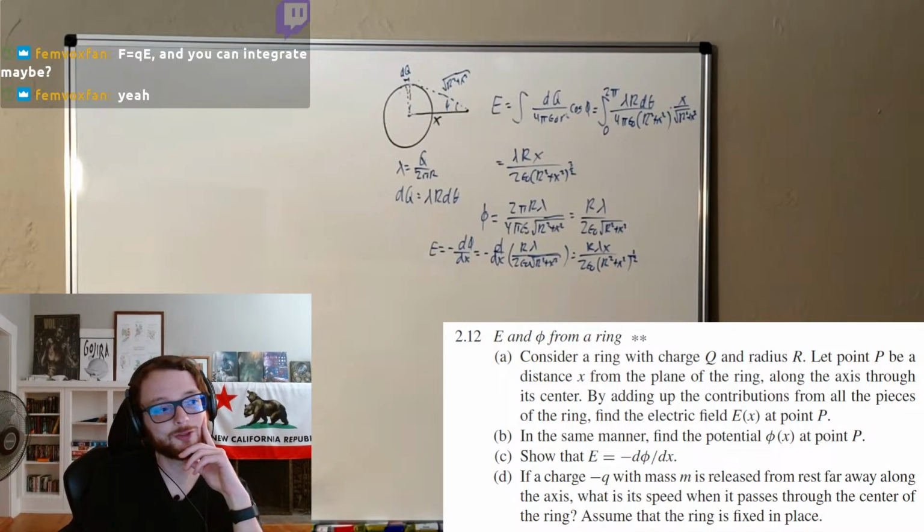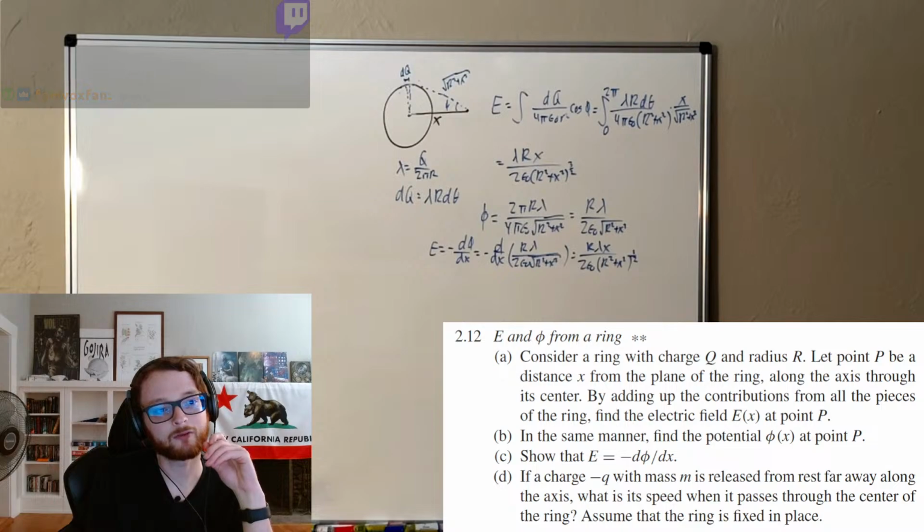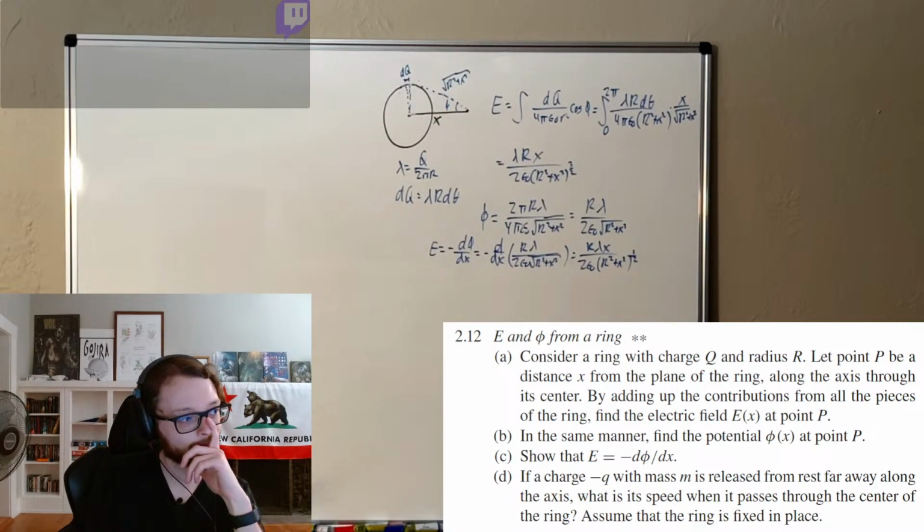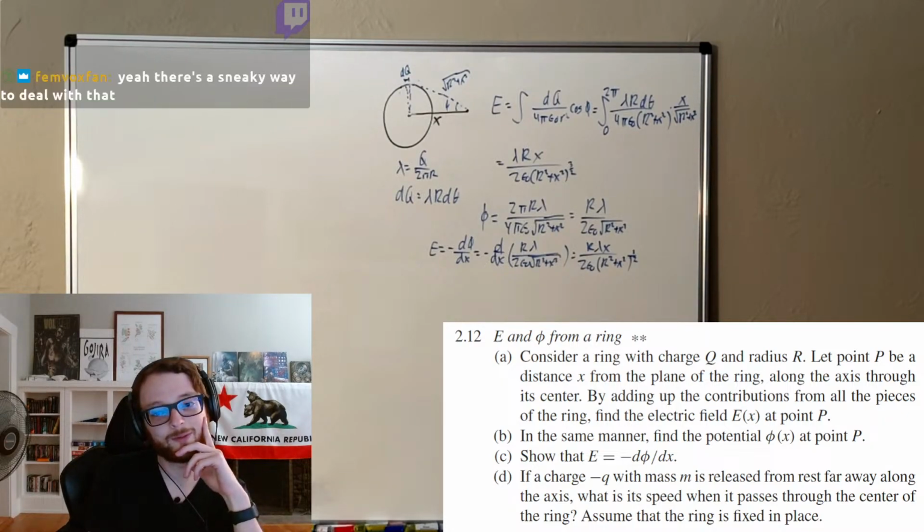So the issue, I think Bladby has pointed this out before, is that acceleration is the derivative of velocity with respect to time, not with respect to position. And that makes this, I don't remember how we dealt with that. Because it would be natural to me to just integrate this thing from infinity to 0. But there's a sneaky way to deal with it.